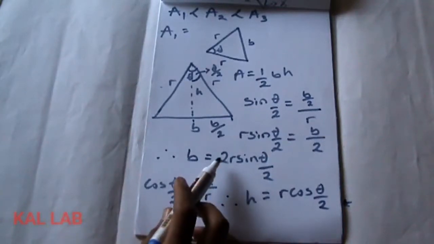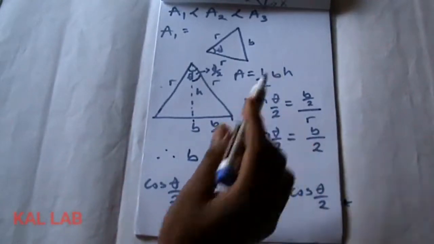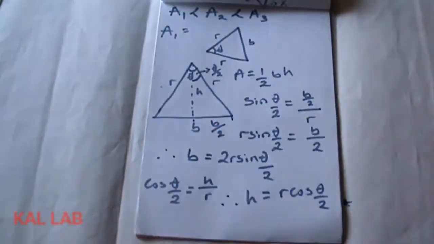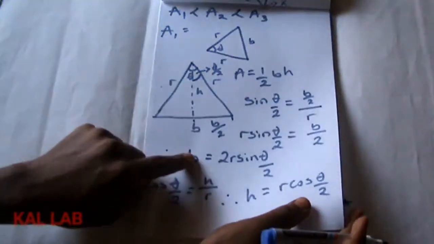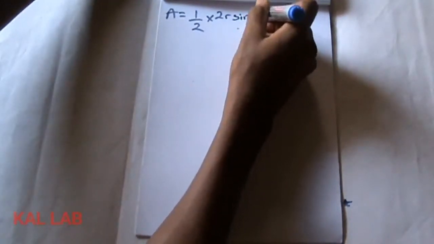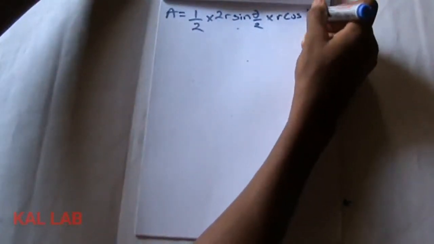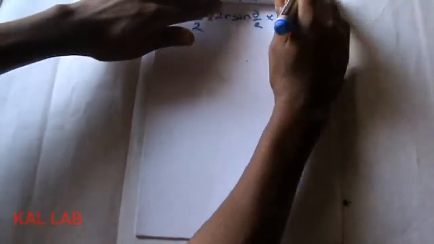So we found our height and our base. All we need to do is substitute into this formula. Therefore, our area would be equal to 1 over 2 times the base, 2R sine theta over 2, multiplied by our height, R cos theta over 2.